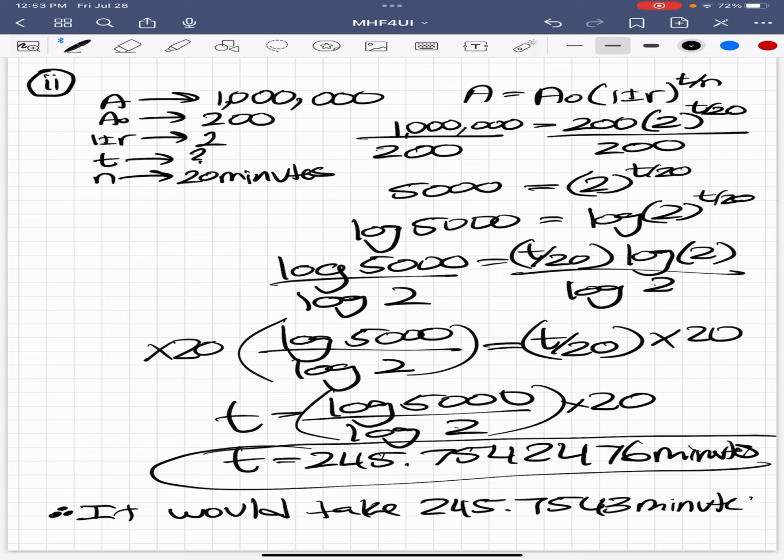Since we're rounding up, it would take 245.7543 minutes to reach 1 million bacteria.